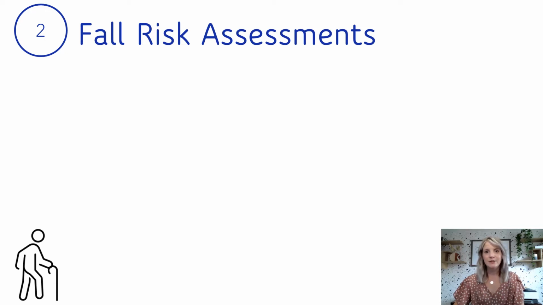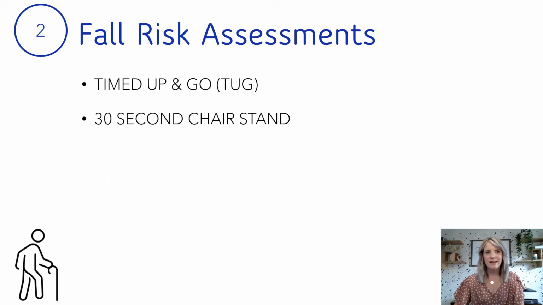These assessments include the timed up and go, 30-second chair stand, and 4-stage balance, each of which we will be addressing here today. It is important to note that before initiating these fall risk assessments, you should first use the fall risk screening tool seen here.